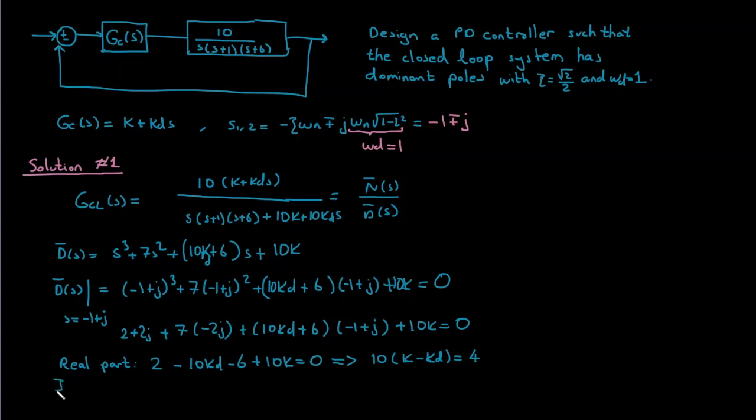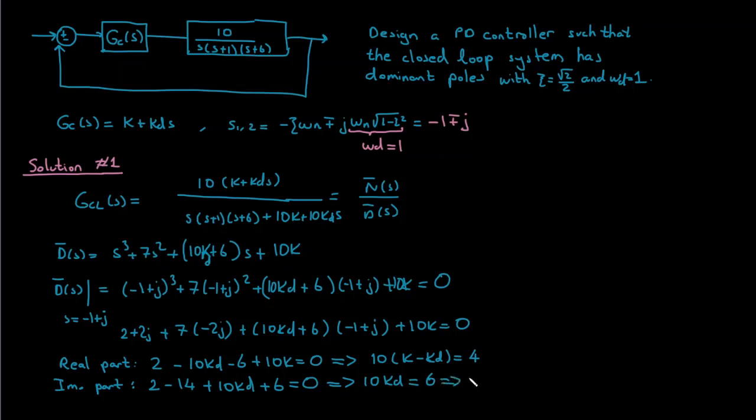Okay, and from the imaginary part, I will have 2 here minus 14j, what else, and j, so it's going to be plus 10kd plus 6 equals 0. And from there, I have 10kd equal to 6.